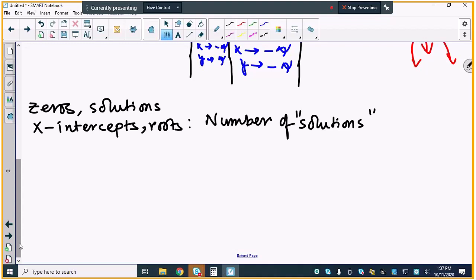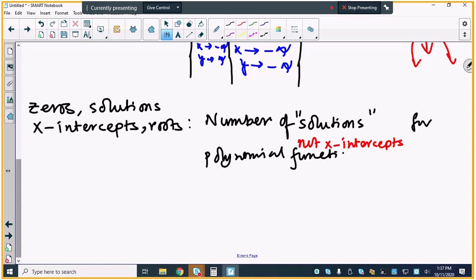Do not use x-intercept. So not x-intercepts for a polynomial function is equal to the degree of the polynomial function.